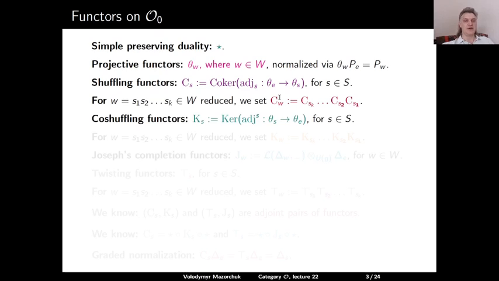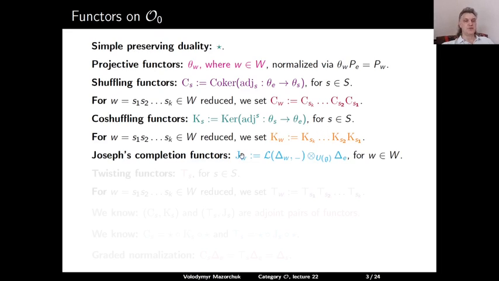Similarly, we have co-shuffling functors KS defined as kernels of the adjunction morphisms from the translation theta S through the S wall to the identity, and this functor is defined for each S in S. And similarly to shuffling, if W is an element in W, we choose a reduced expression and define the corresponding co-shuffling KW as a composition of co-shufflings for simple elements in this reduced expression, reversing the order of the reduced expression.